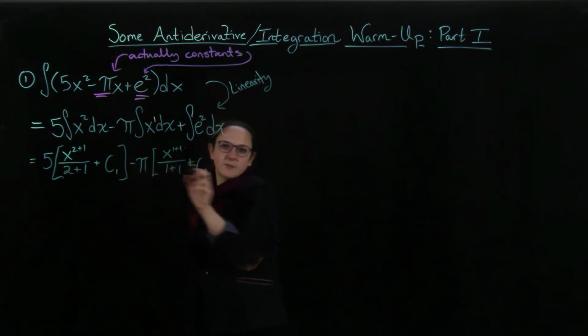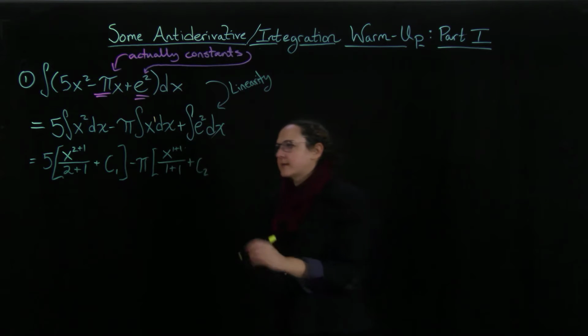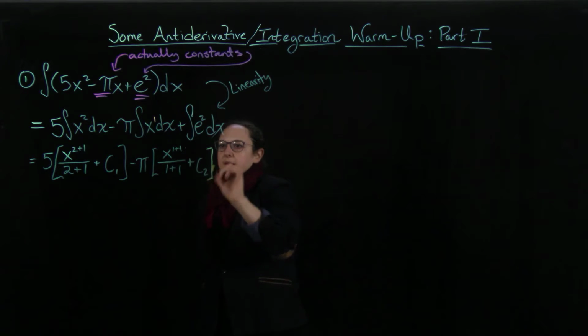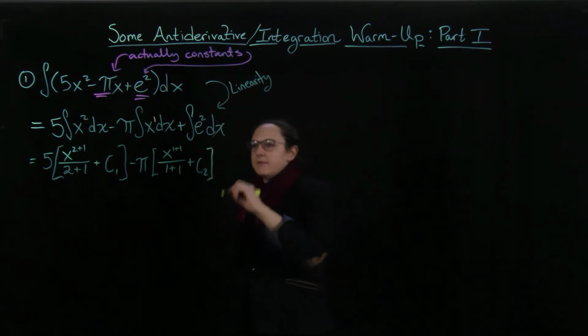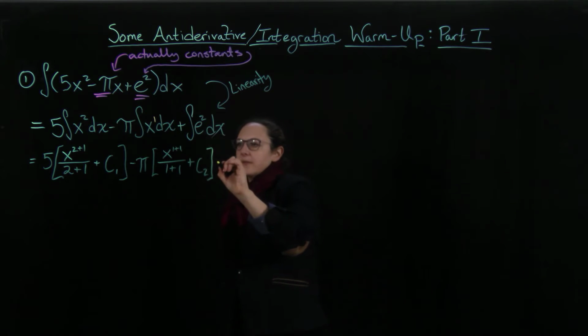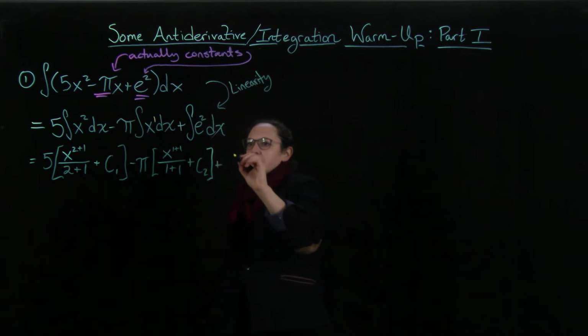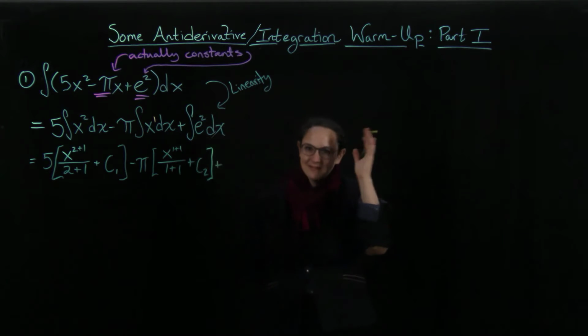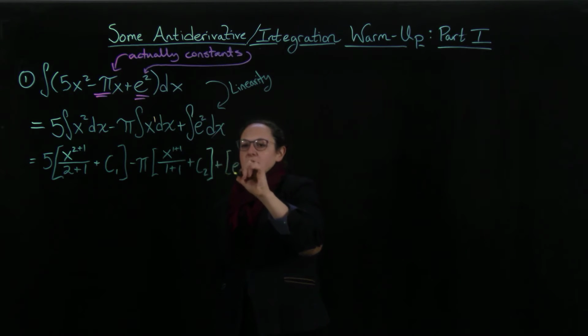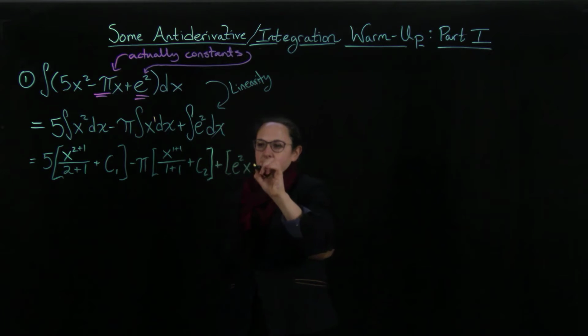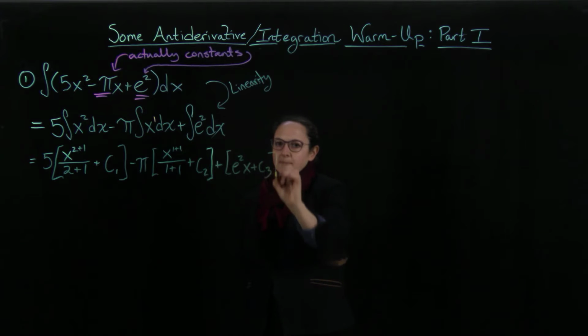I'm just calling these by numbers just so that we can see they're kind of separate entities. And then we're going to combine them all together in the end anyway. And then for the last one, because that's a constant, I know it gets a little funny in our heads, we just multiply it by x, and then put a C3.